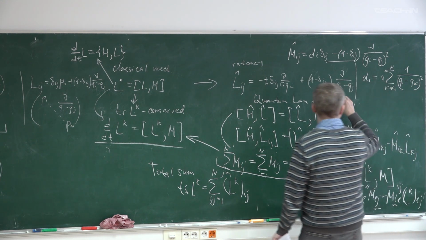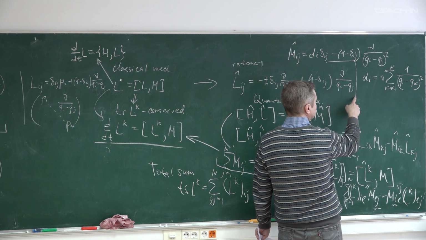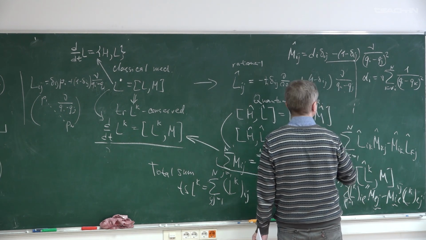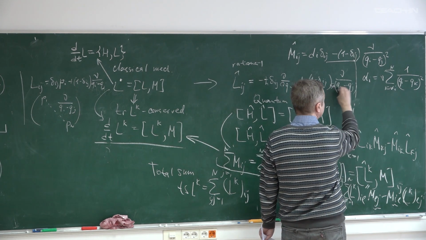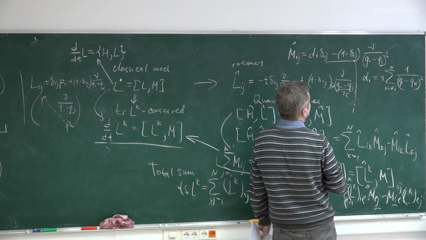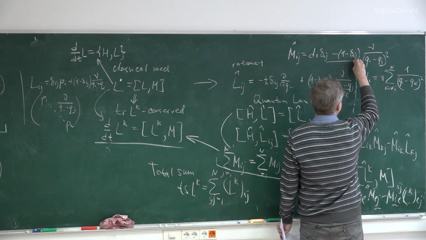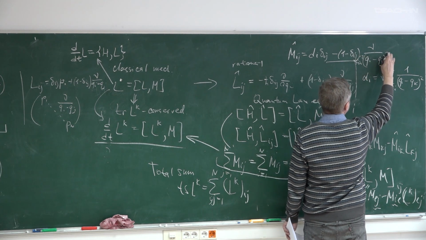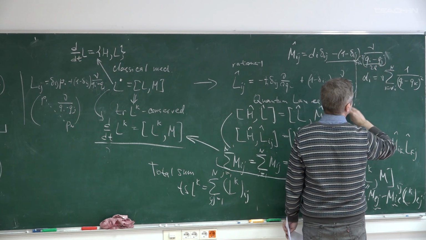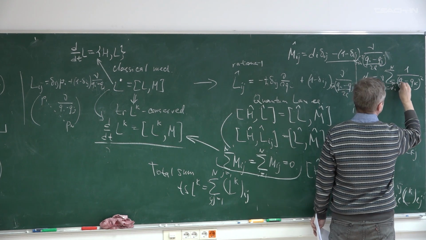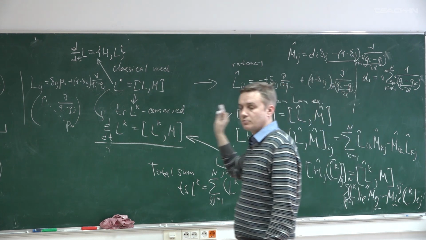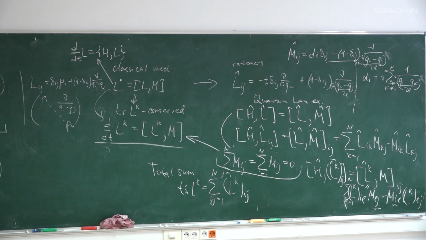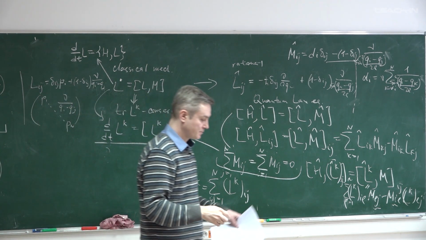Because in the trigonometric model, you just need to put here the sine of Qi minus Qj divided by 2L. And the same thing happens here and here. So this works absolutely in the same way, and you may compute the conserved quantities.